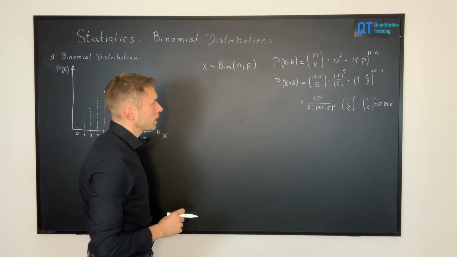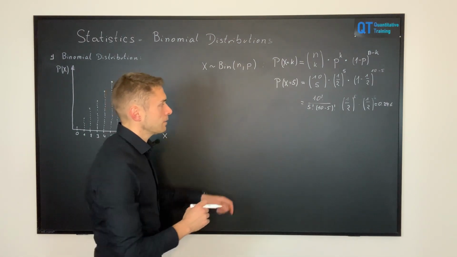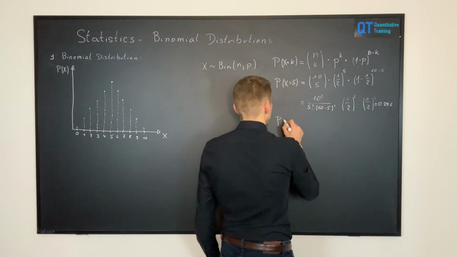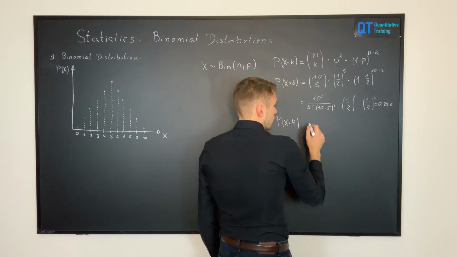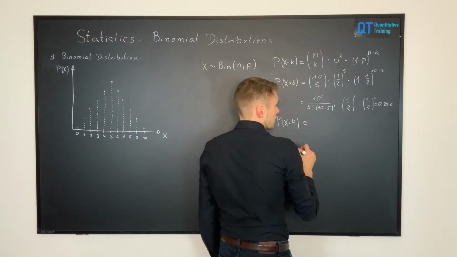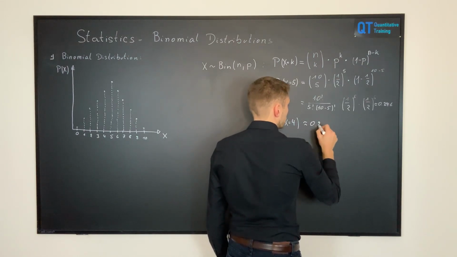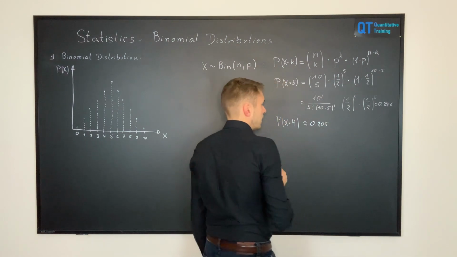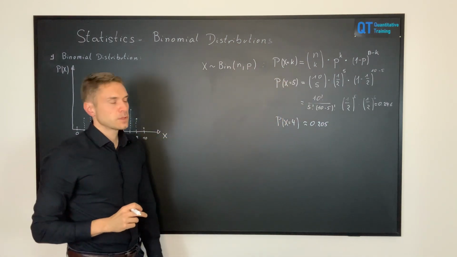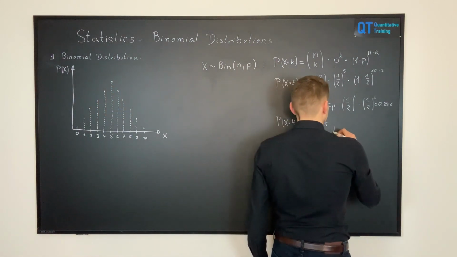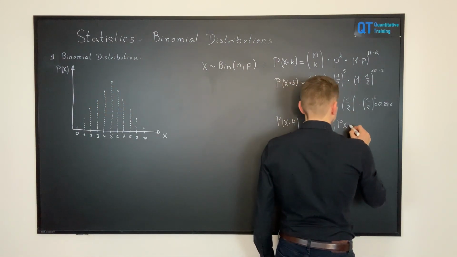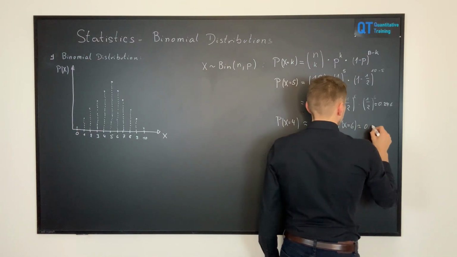And you can actually repeat the same game and work out the probability for x equals 4. And then on average you get something like 0.205. And as the probability distribution is symmetric, you would also get for the probability of x equals 6 approximately 0.205.